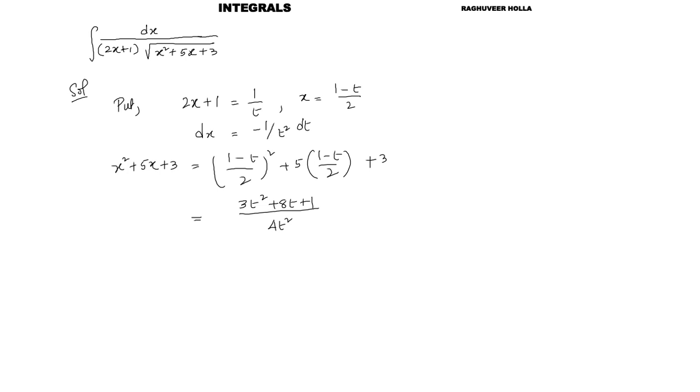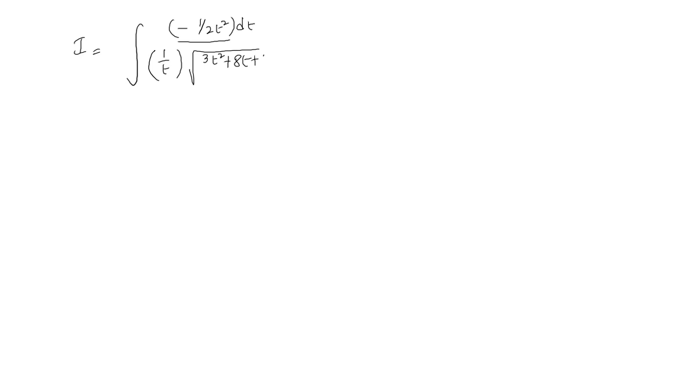Fine. Now let us solve further. This will be integral of minus 1 by 2t square into dt, right, by 1 by t times square root of (3t square plus 8t plus 1) divided by 4t square.